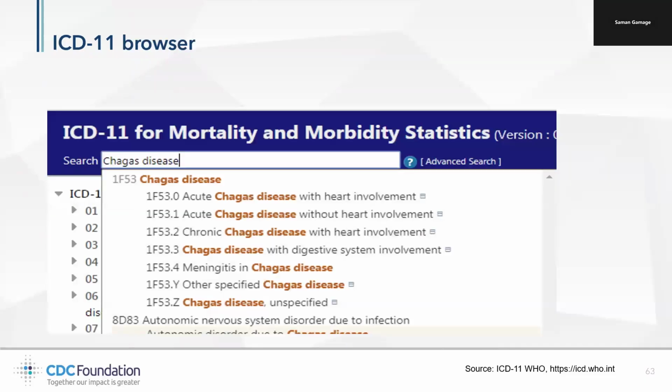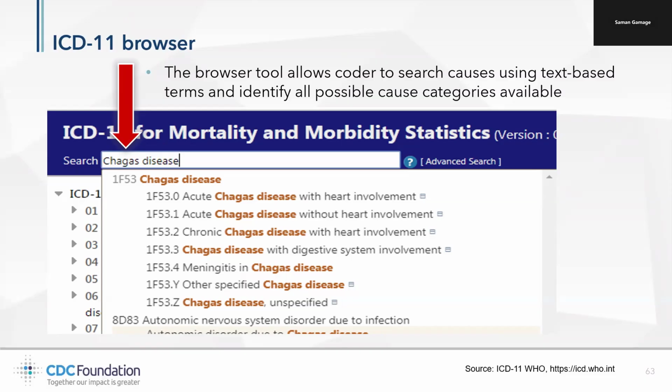So this is the ICD-11 browser. You can use the browser to see the content. You can either search for a disease or you can search for a code. The tool allows the coder to search codes using text-based terms and identify all possible code categories available.